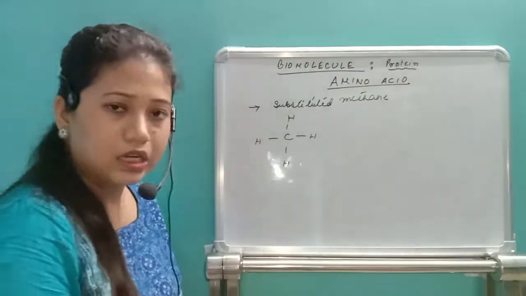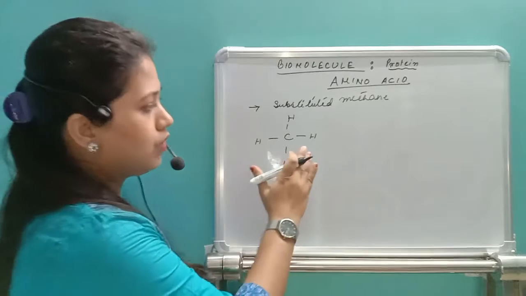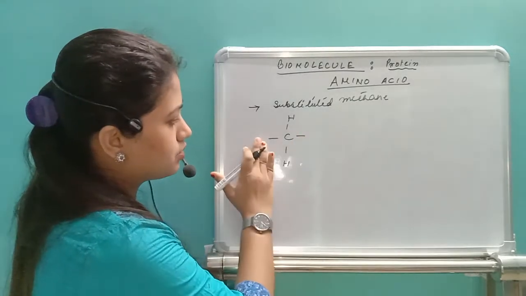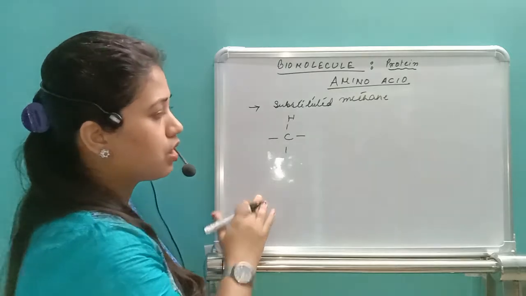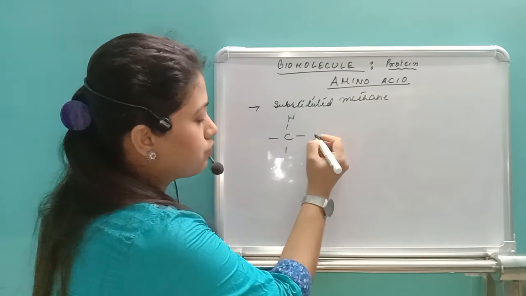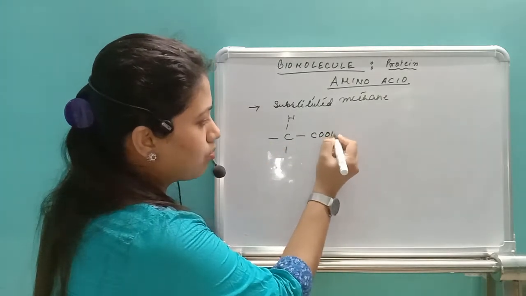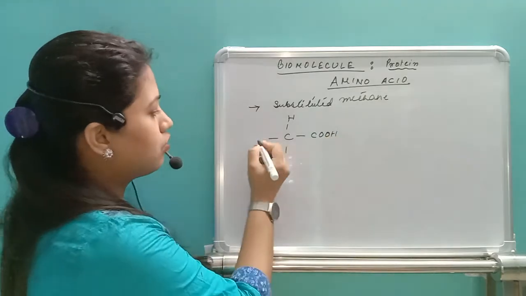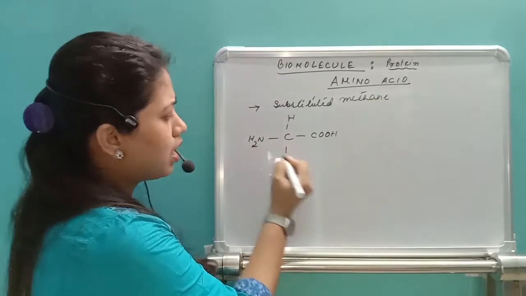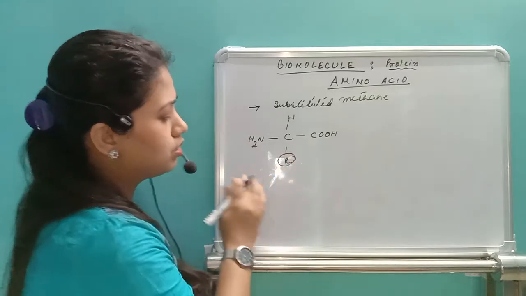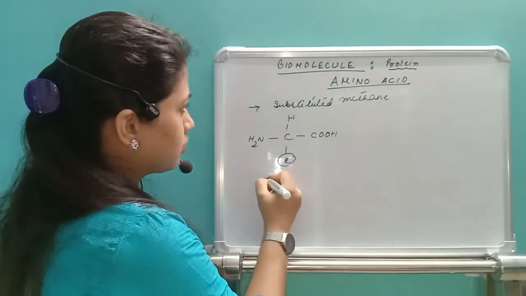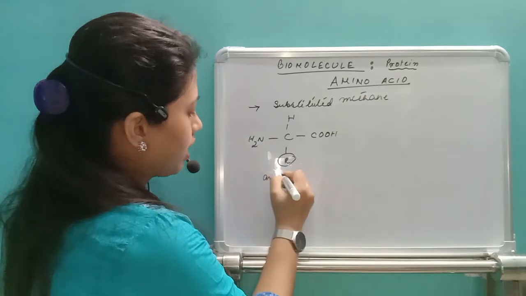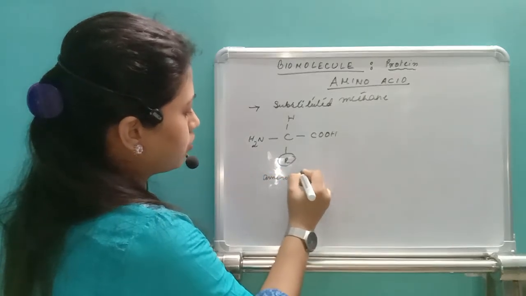Here we have to replace 3 hydrogens. One hydrogen will be present on one side. Here we will add the carboxylic acid, here we will add the amino group, and here we will add the variable group. Then this structure will be the general structure of the amino acid.